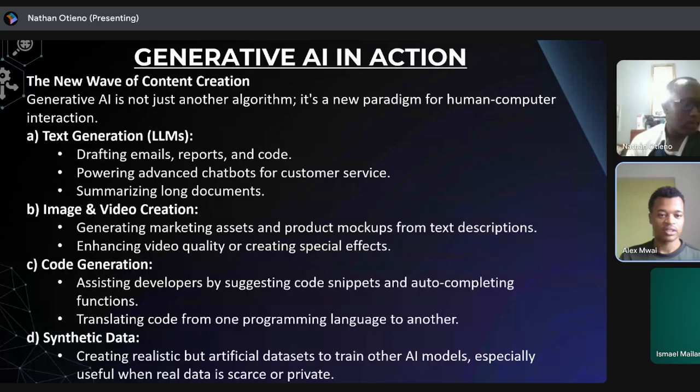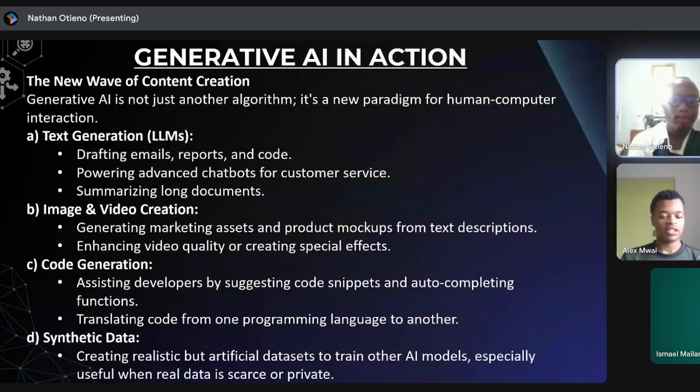Generative AI in action. The new wave of content creation, generative AI, is not just another algorithm. It's a new paradigm for human-computer interaction. The first one, text generation: drafting emails, reports, and code, powering advanced chatbots and customer service, summarizing long documents.